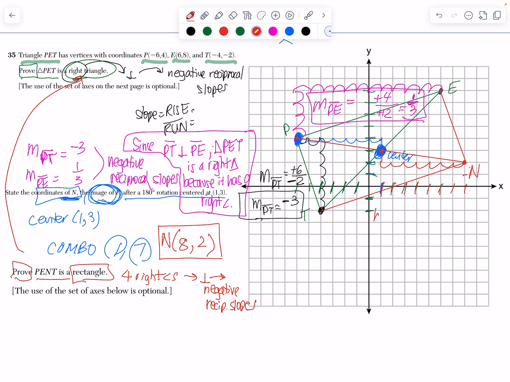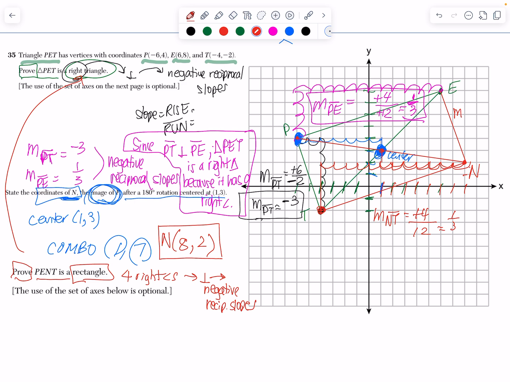So we'll write the slope for NT. I'm going to go up 1, 2, 3, 4, so up 4, so positive. Then I'm going to go to the right, 1, 2, 3, 4, 5, 6, 7, 8, 9, 10, 11, 12. And once again, this reduces to 1/3.